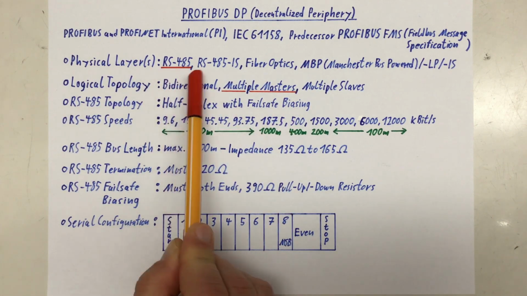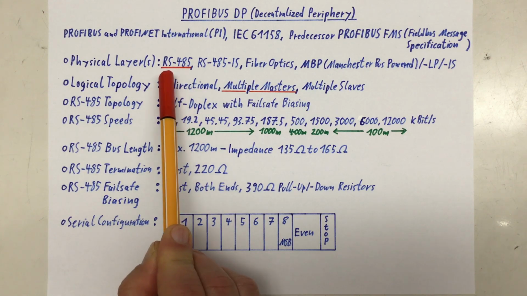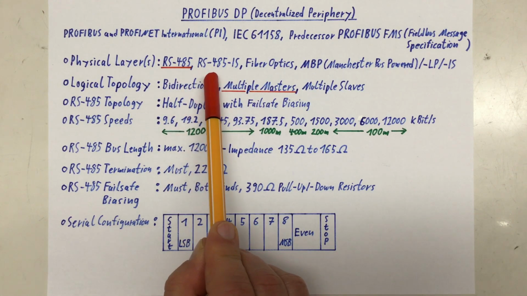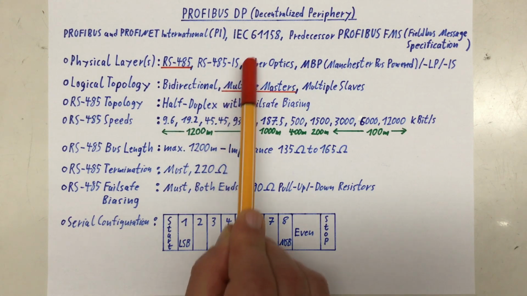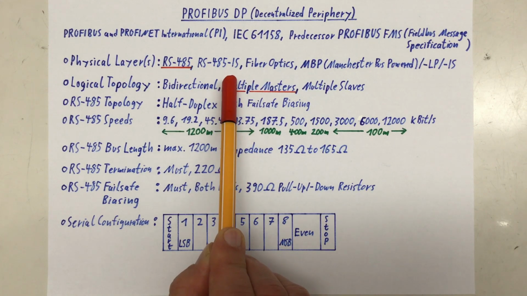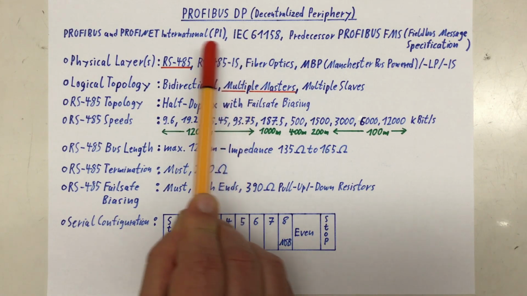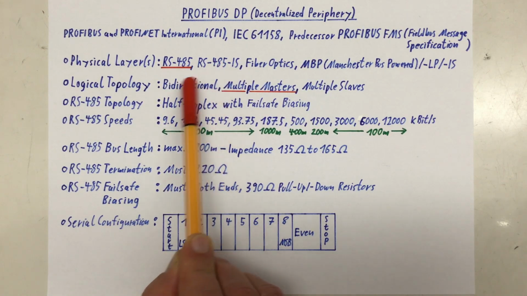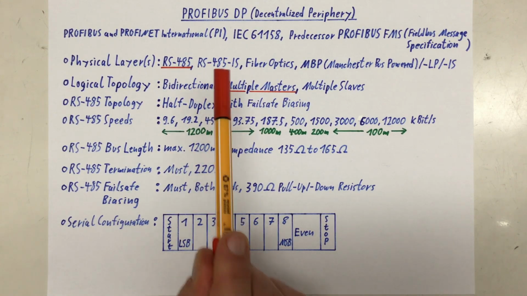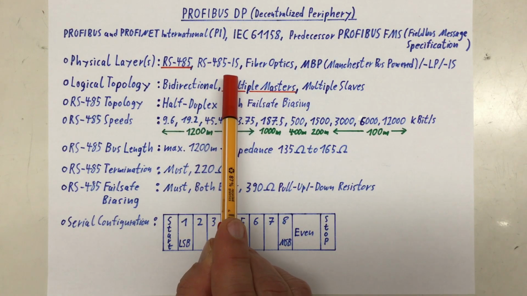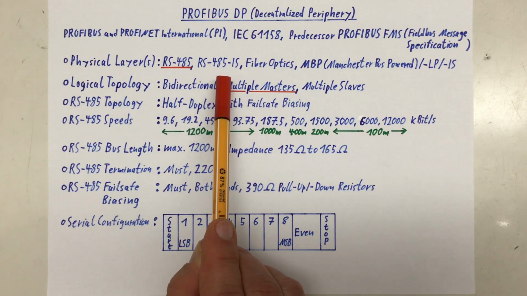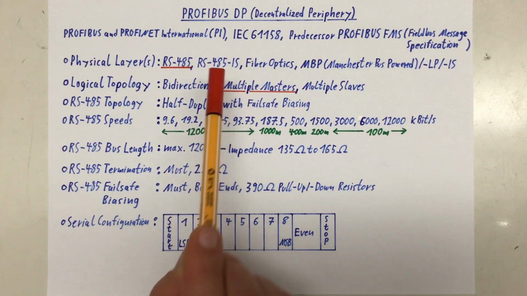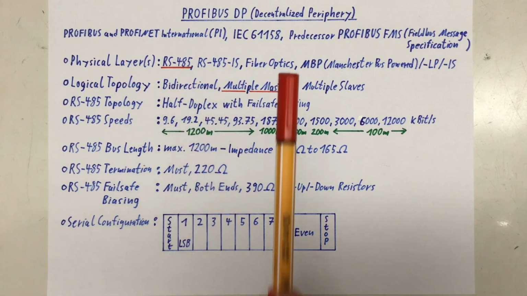Of course, RS-485, that's why we're here, but also RS-485-IS. IS stands for intrinsically safe. That's basically a low power version of RS-485 that you can use in an environment where you have highly flammable or explosive stuff. So it's supposed not to make any sparks.